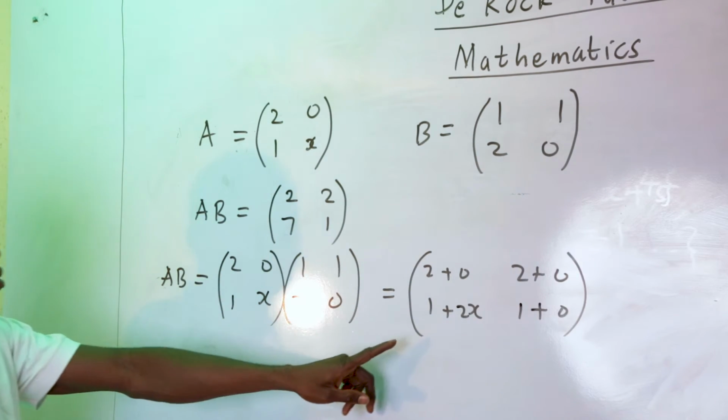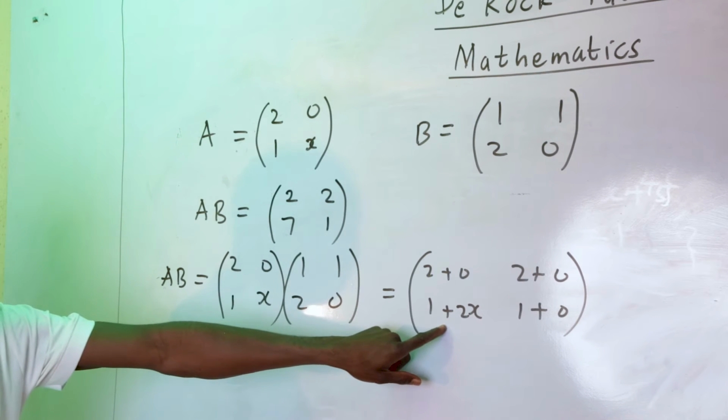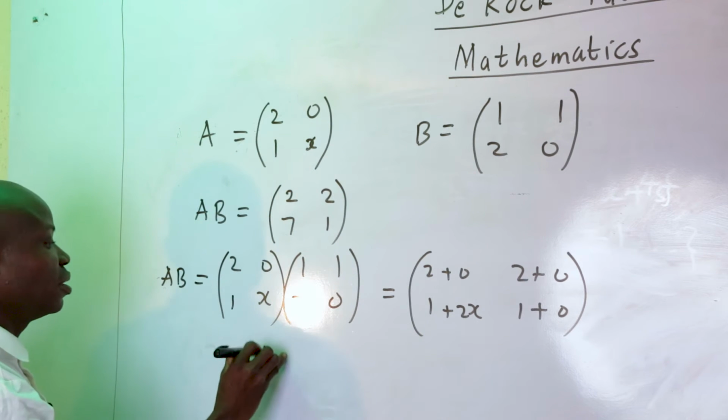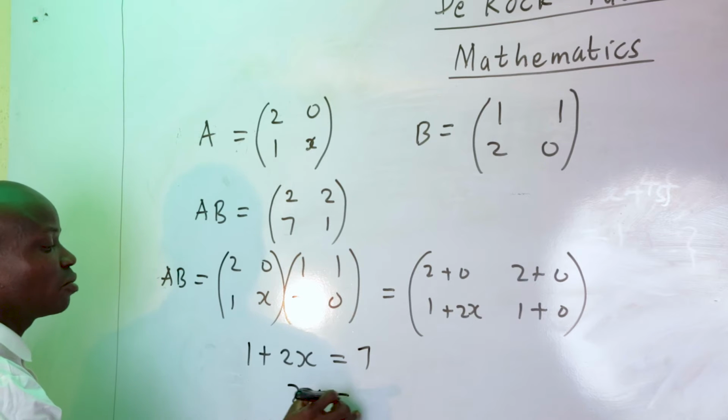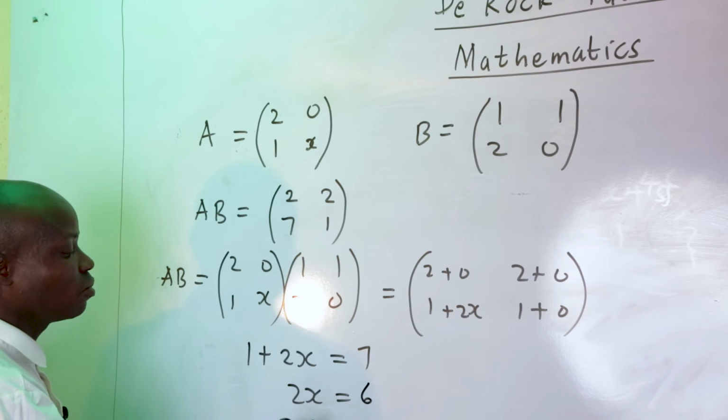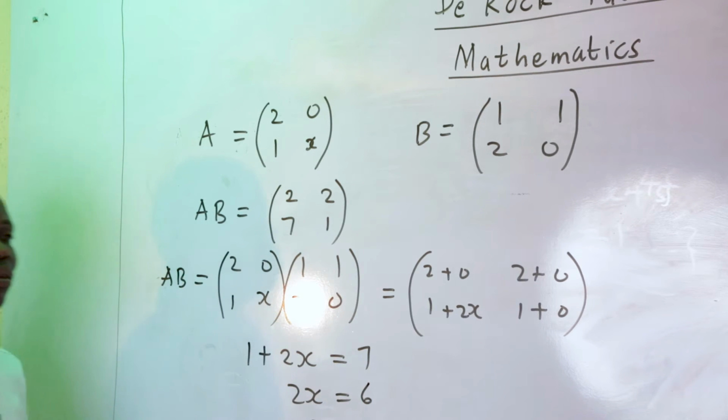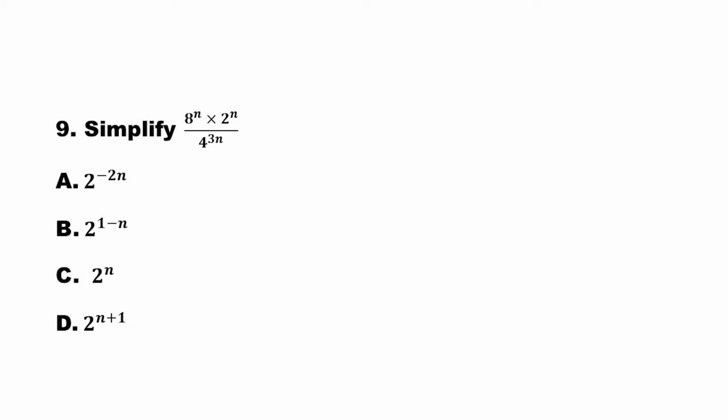So, the corresponding element to 1 plus 2x is 7. So we can equate 1 plus 2x to 7. Simplifying that, we obtain 2x to be 6, which gives us x to be 3, which is option D.